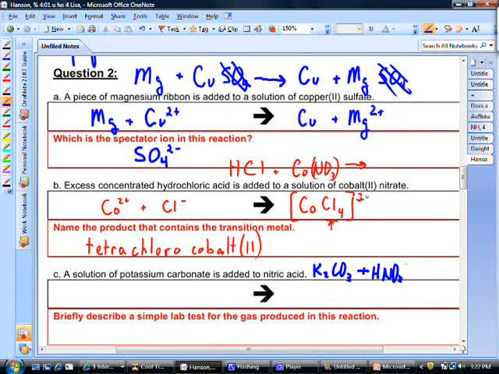Of course, that's a strong acid, so it's in solution. Now, what happens if you take a carbonate and combine it with an acid? You're going to get CO2 gas. That's one of the things you're always going to get. The other thing you're always going to get is water.